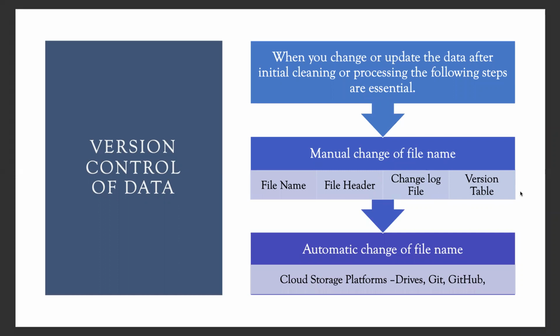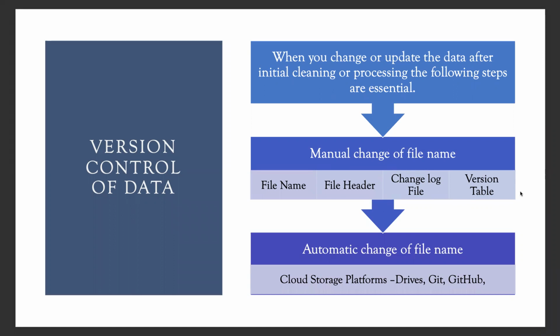So when you do a new version, it's best to make some kind of change in the file name, giving a date, kind of file header, change in the record, some change in the file log, and create a version table. Okay, this is the day when I changed the file.